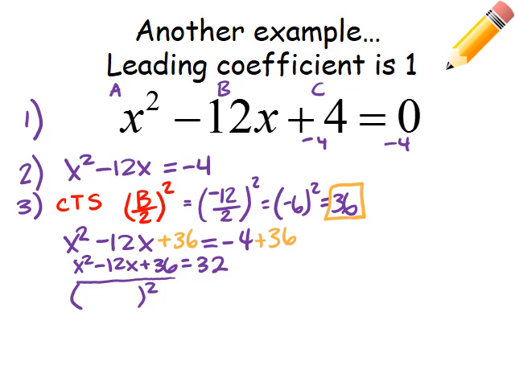To find out what this term should be, we take b divided by 2, the one step for completing the square. My first value has to be an x. If I take my middle term and divide by 2, that would be negative 12 divided by 2, which gives me negative 6. So my factored form is x minus 6 squared.